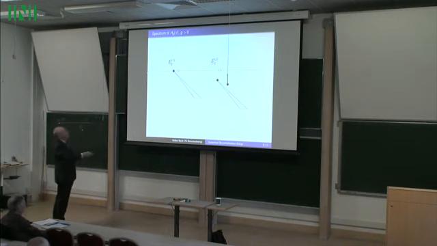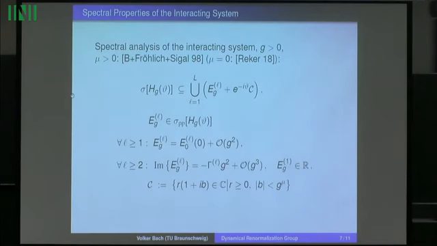Okay, so let's go on. I have now put up a slide about the things that I told you in the picture on the past slide, with slightly higher mathematical precision.